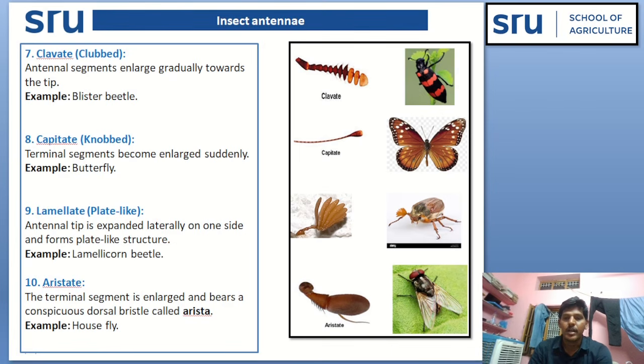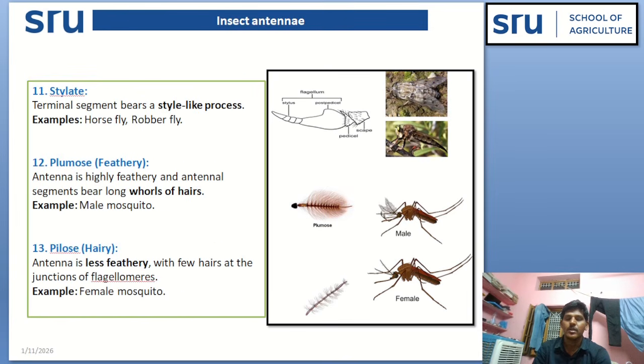Clavate or clubbed antenna is there in blister beetle. Capitate or knobbed antenna is there in butterfly. Lamellate or plate-like antenna is there in lamellicorn beetle. Aristate antenna is there in housefly. Scalate antenna is there in horsefly and robberfly.